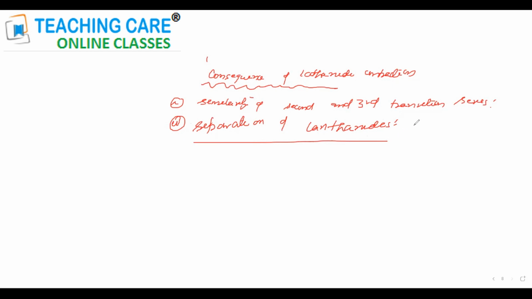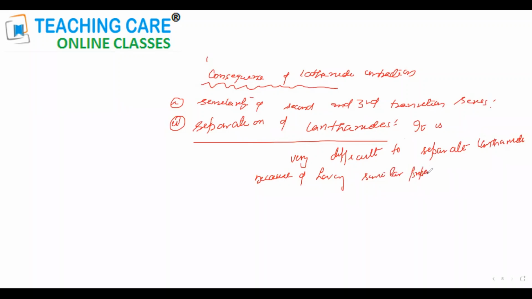It is very difficult to separate lanthanides because of having similar properties.